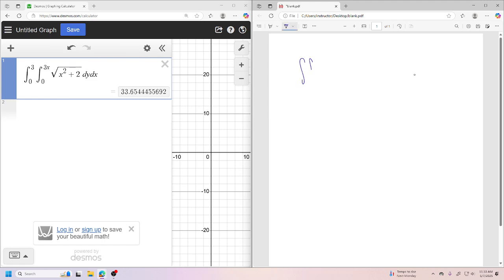Okay. It's good though. x squared plus 2 dy dx. Okay, so then I basically just toss the 3x in here. And yeah, I do have to do a u sub. I'm actually asking you to do an integral by hand.